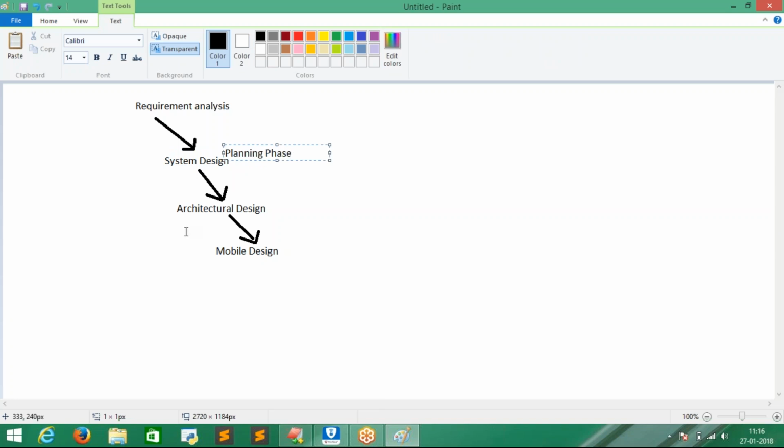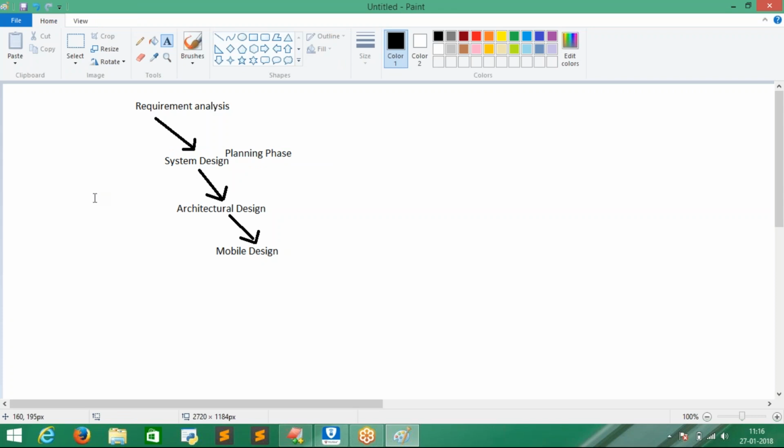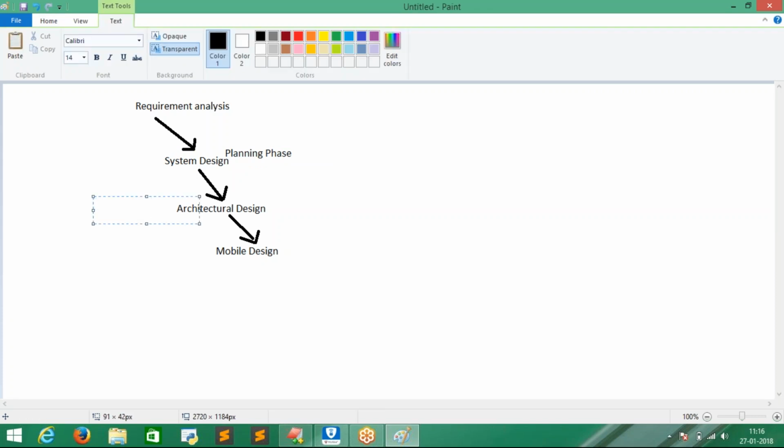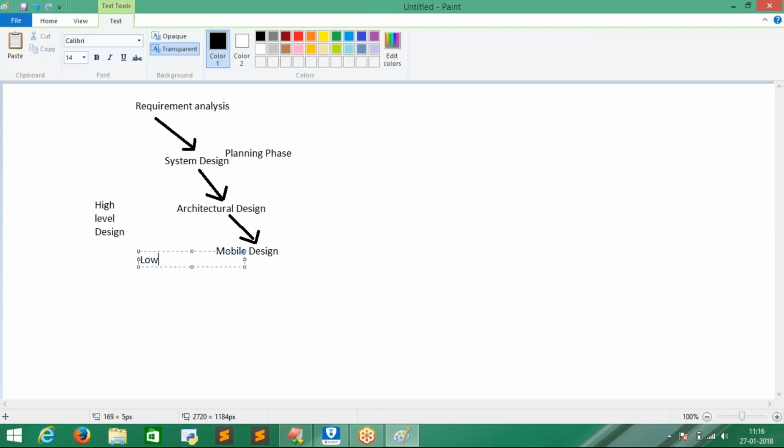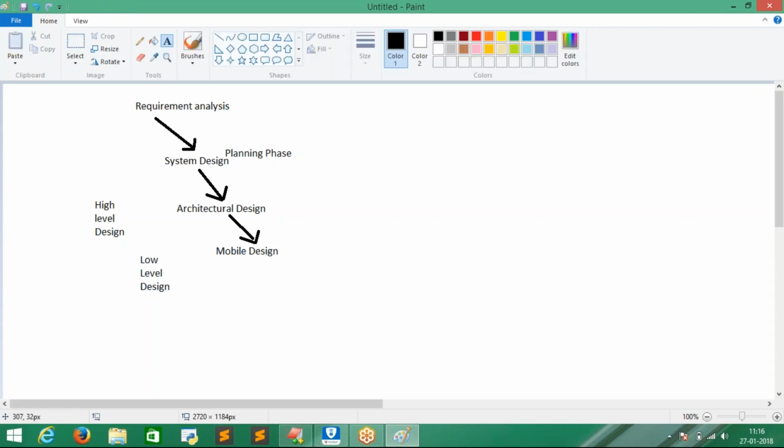This architectural design is also known as high level design. Next, after this comes module design, which is known as low level design. So first requirement analysis, then system design, then architectural design, then module design. System design is the planning phase, architectural design is high level design, and module design is low level design.